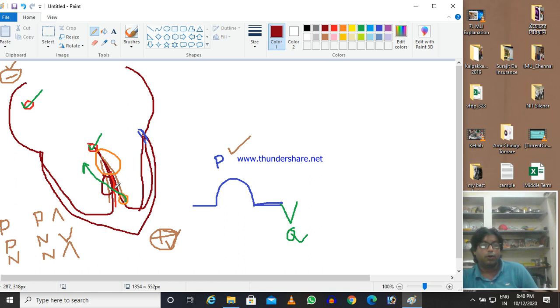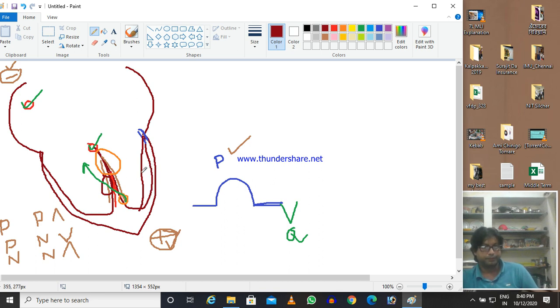So once the electrical pulse crosses the septum, very quickly it gets conducted through the ventricular wall, and the depolarization of the ventricle will take place.